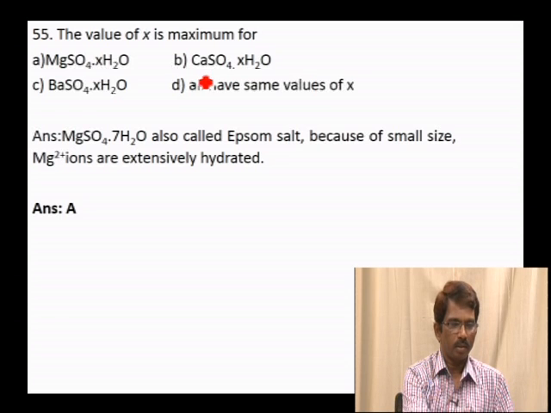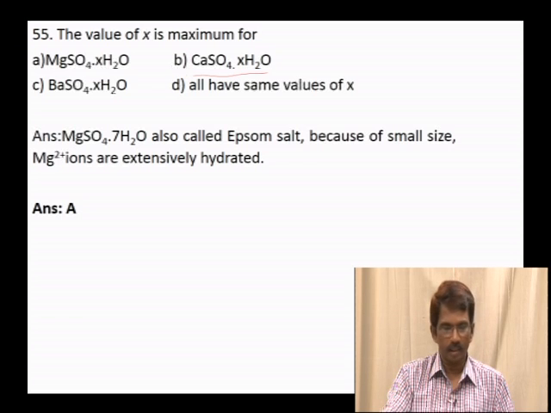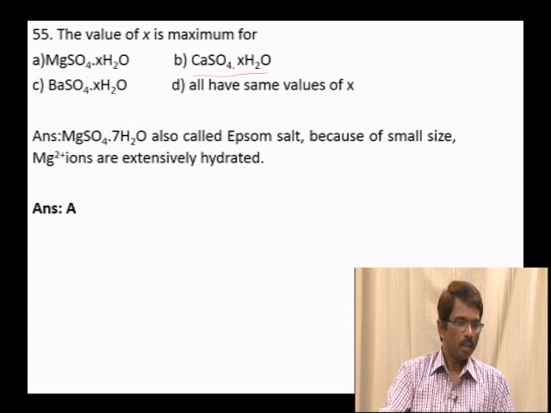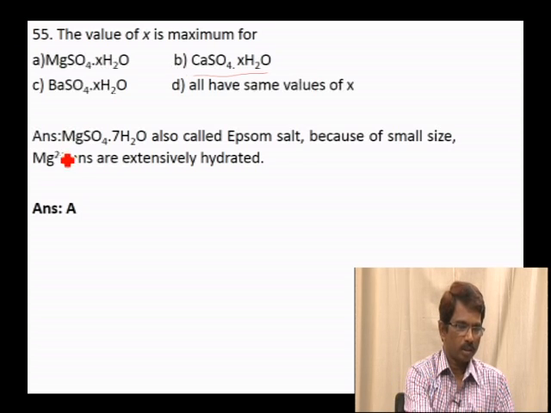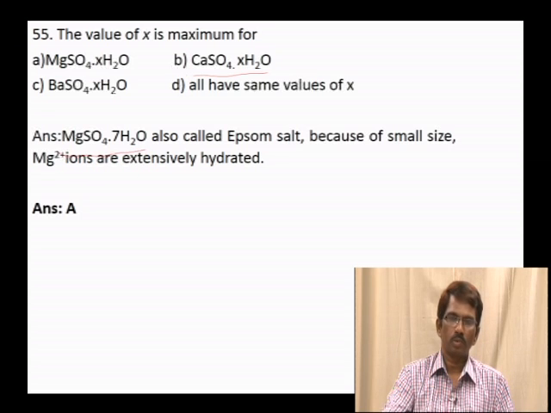For calcium sulfate, the value of X is 2 because CaSO4 forms dihydrate, and MgSO4 will have 7 molecules of water of hydration. MgSO4.7H2O is also called Epsom salt.